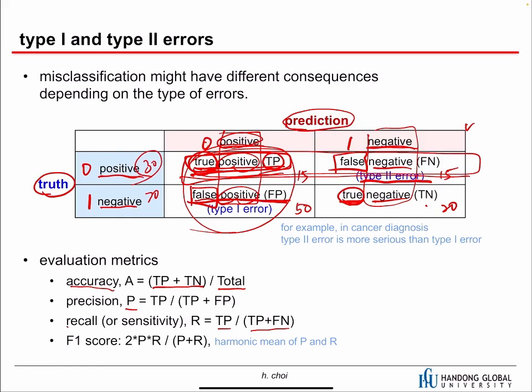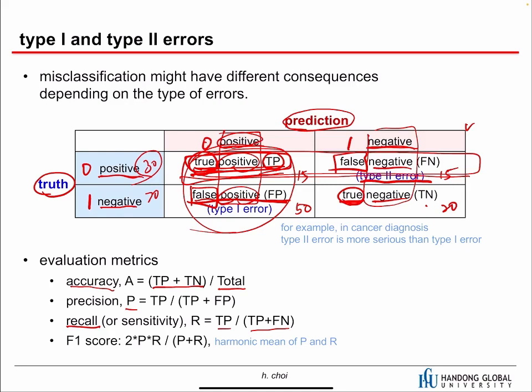So that's why we call it recall. Recall means the model can detect these things from the samples. Okay. So I hope you understand the meaning of these evaluation metrics.